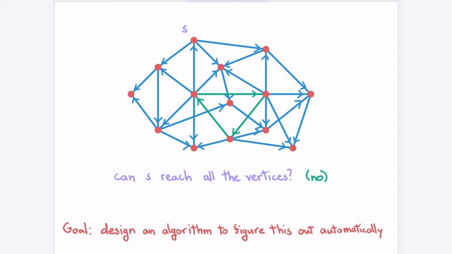But as a collection, they have no other edges going in. So you can't reach those vertices in the middle.